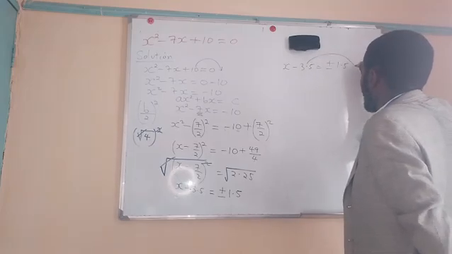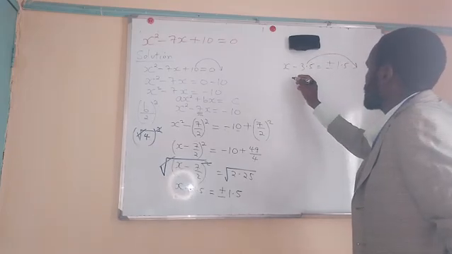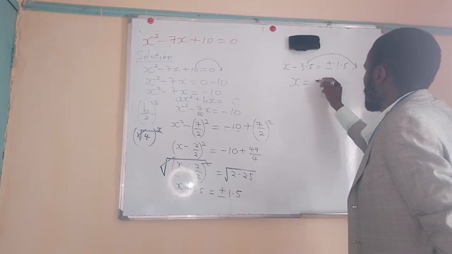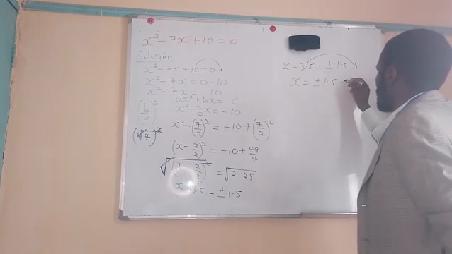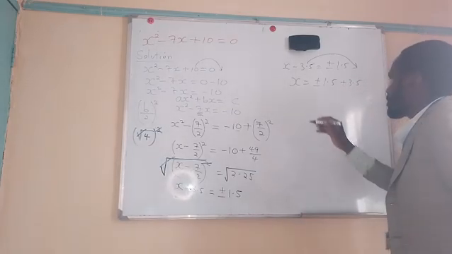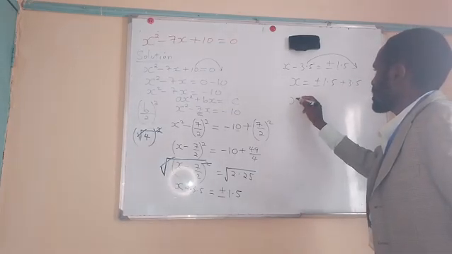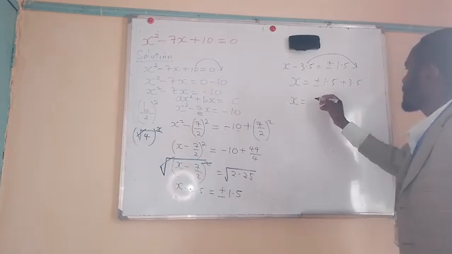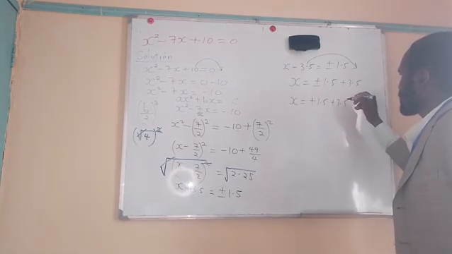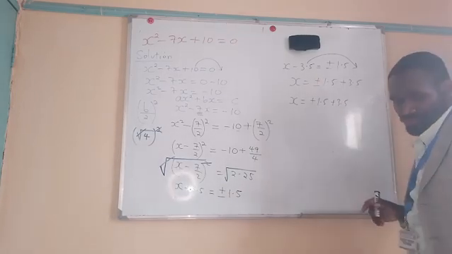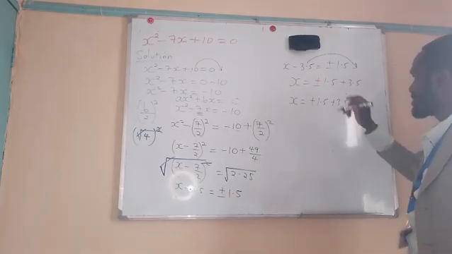We shall take 3.5 onto this other side of the equal sign. So we'll be left with x is equal to plus or minus 1.5. This is negative, it will become positive 3.5. So my answers to this will be x is equal to, and I'll just say plus 1.5 plus 3.5. I'll still use positive and again come back and use negative.